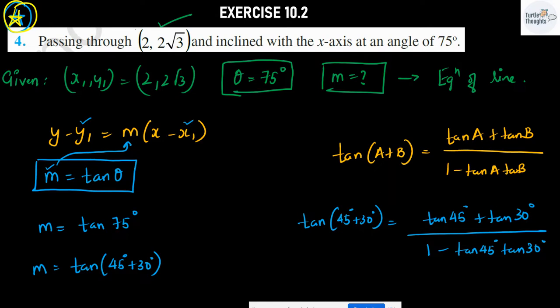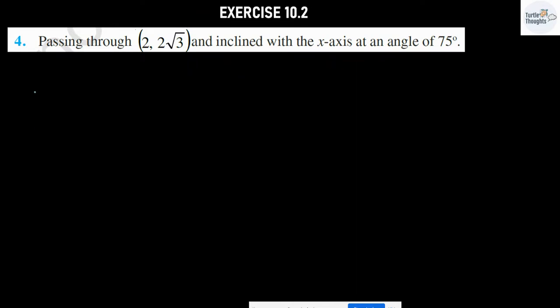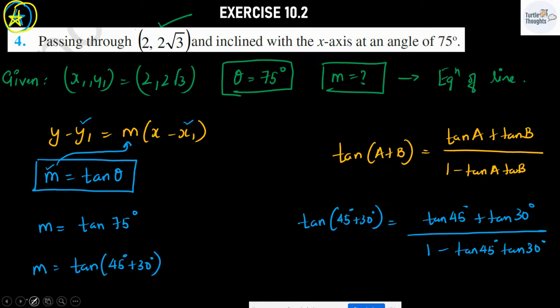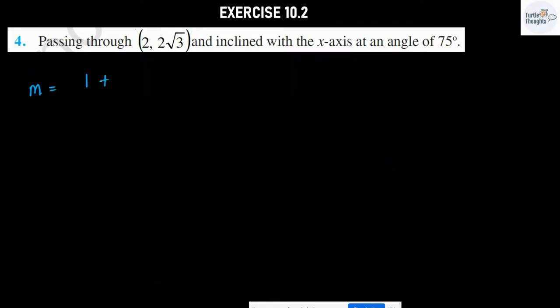What is tan 45 degree? Tan 45 is 1, so m will be equal to 1 plus tan 30. Tan 30 is 1 over root 3. So 1 plus 1 over root 3, whole divided by 1 minus 1 multiplied by 1 over root 3.